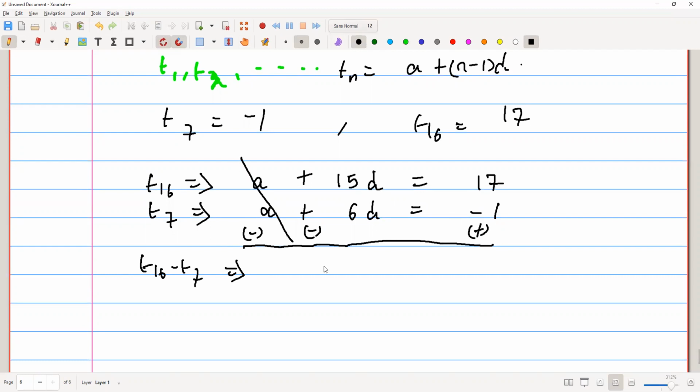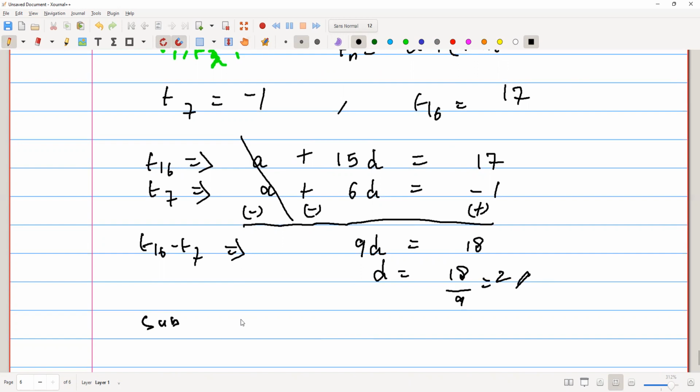A would be getting cancelled. 15D minus 6D is 9D equal to 18. All right. D equal to 18 by 9 equal to 2.